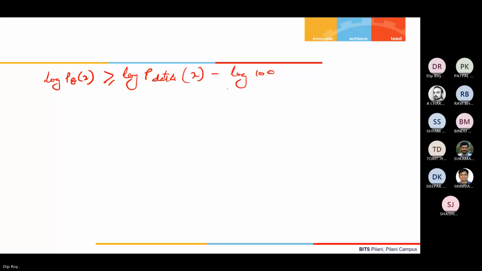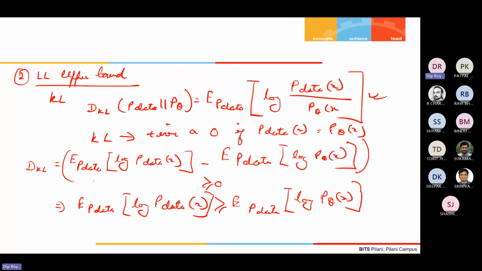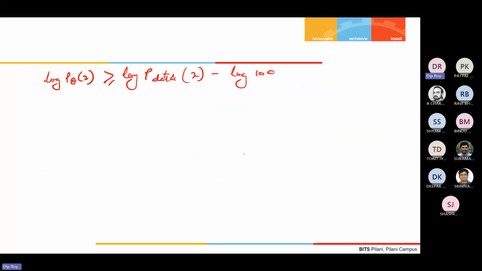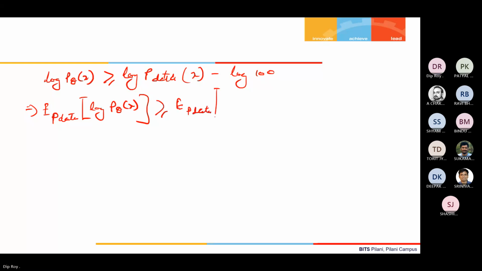Now here you have an expectation everywhere, so I'm going to take the expectation of this. It is going to be the expectation under P data of log of P theta x is greater than or equal to the expectation under P data of log of P data x, minus log of 100, because it's a constant.